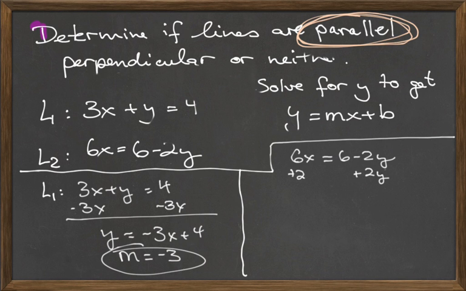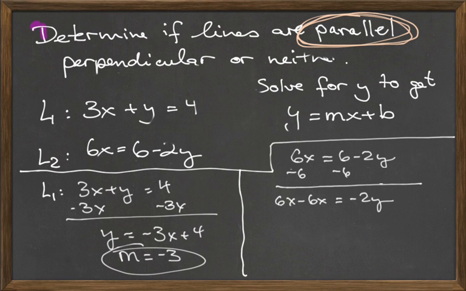Add the 2y. And then you can subtract 6x. Which way would I want to go? Minus the 6. I'm going to say minus 6x, so I get 6x minus 6 equals negative 2y.